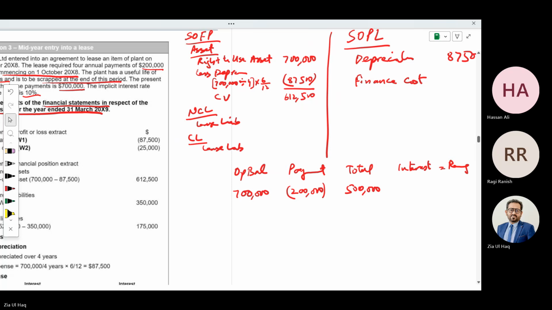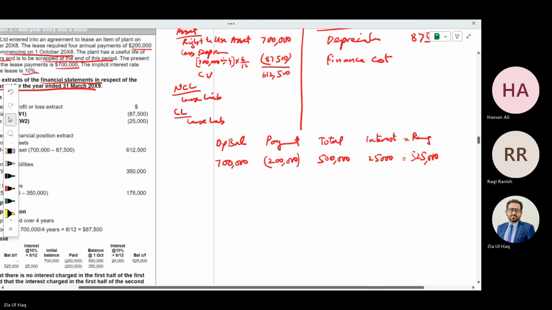But will the full 50,000 be charged? No, half, 6 months. That will be 25,000. And the remaining will be 525,000.